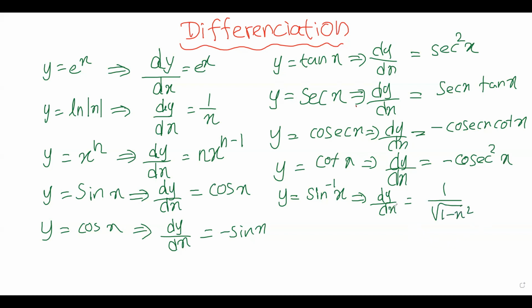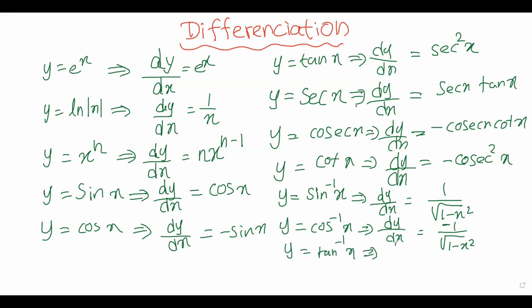If y equals cos inverse x, dy/dx equals 1 over the square root of 1 minus x squared, but there it is minus. If y equals tan inverse x, dy/dx equals 1 over 1 plus x squared.